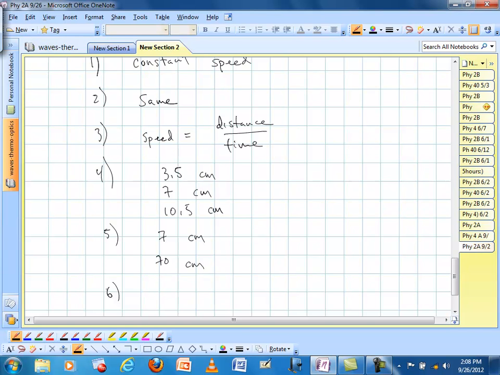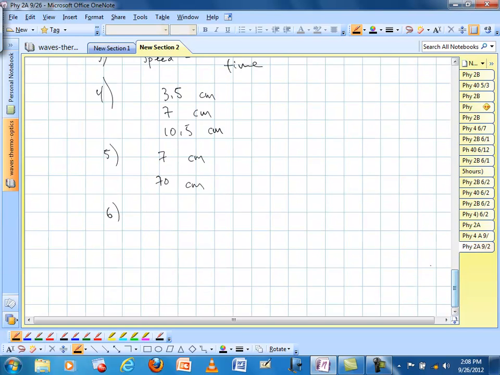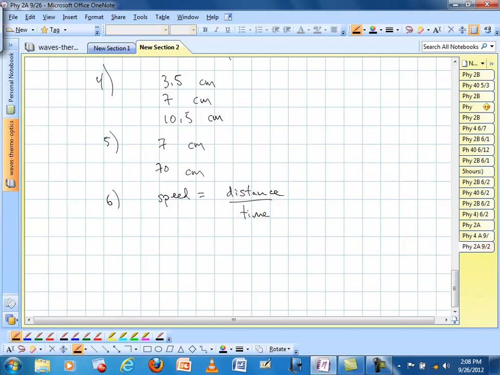What formula do we use to calculate the speed? I just wrote it down, didn't I? Speed is equal to distance over time. What's velocity equal to?